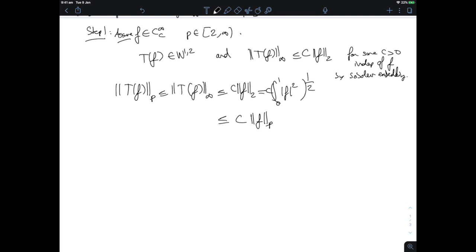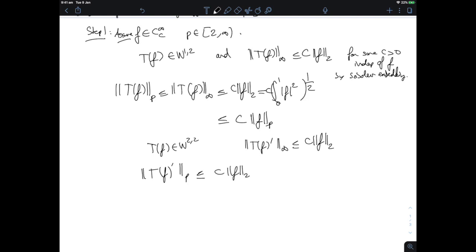Okay, so in the exact same way, we have that T of f is in W22, and so we can apply Sobolev embedding again for Tf prime, which is in W12, and we get that Tf prime infinity is smaller than a constant times the L2 norm of f, and so the same reasoning gives us the Tf prime in LP norm is smaller than a constant times the L2 norm of f, and then Hölder tells us this is smaller than a constant times the LP norm of f.